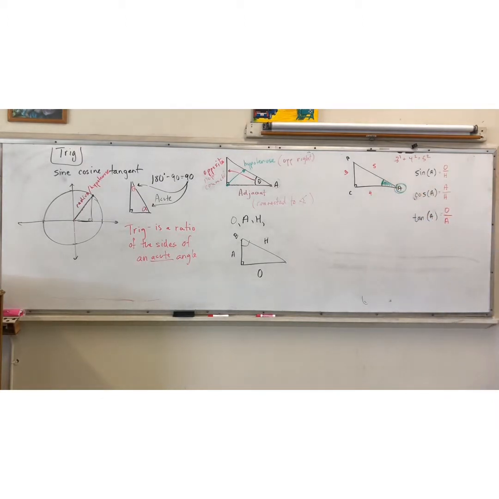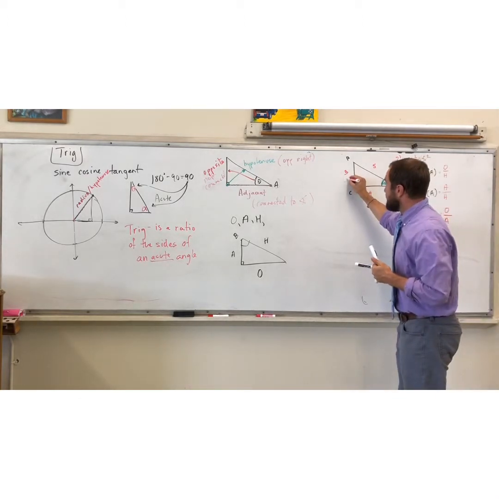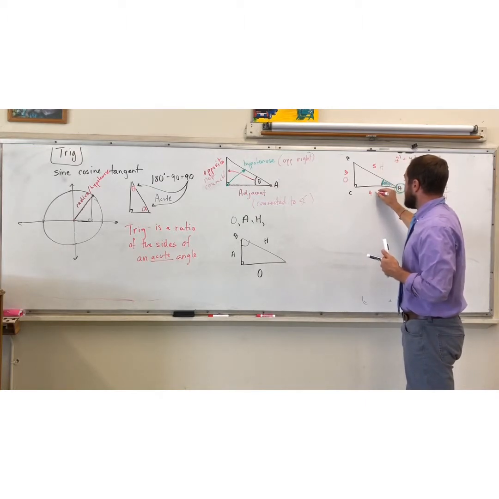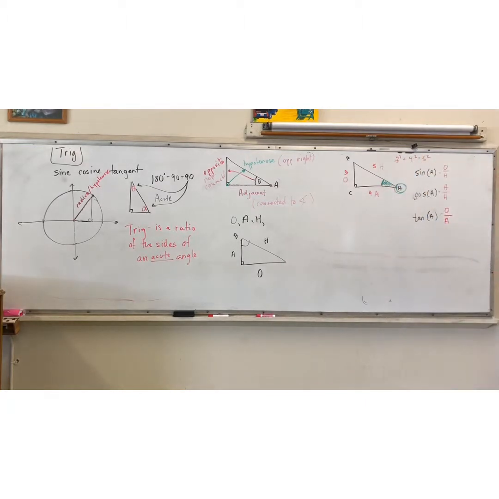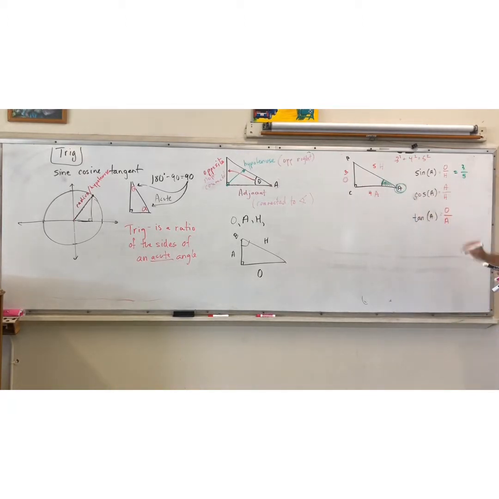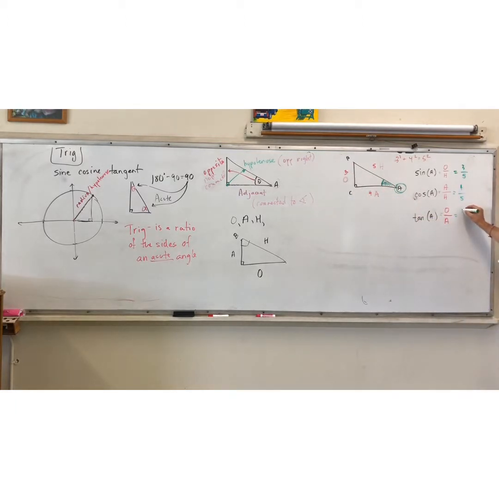And I would identify my sides as opposite, hypotenuse, and adjacent. And in doing that, I'm actually able to just very quickly set up opposite over hypotenuse, adjacent over hypotenuse, and opposite over adjacent, which would be 3 over 4.